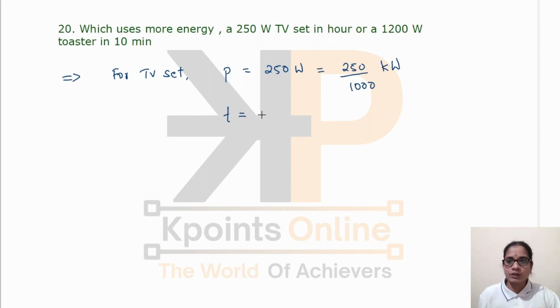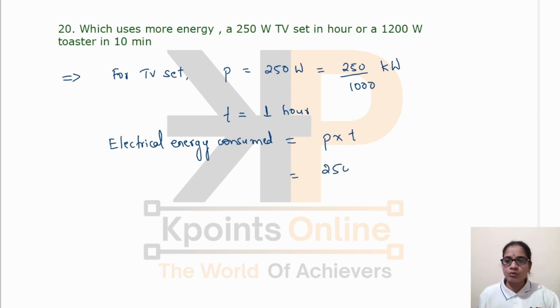And time T is equal to 1 hour. So electrical energy consumed is given by P into T, which is equal to 250 by 1000 into 1. It is equal to 0.25 kilowatt hour.